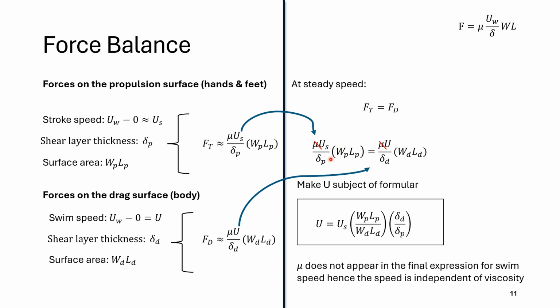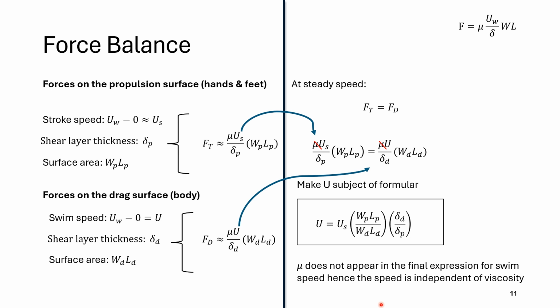Speeds will change, the force imparted in these fluids and that layer of thickness, but with everything else changing, this viscosity term will always cancel out. And here we're solving just for that speed of the drag force on the surface of the body, and we have this term where we're rearranging this equation just to solve for u, and mu is not needed in this final expression. Speed is independent of viscosity.